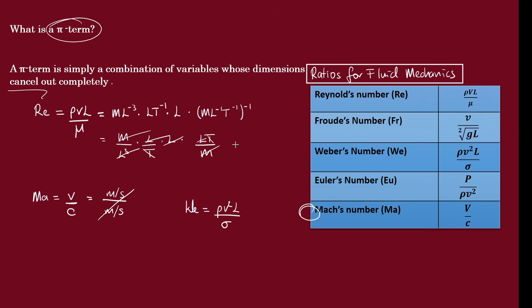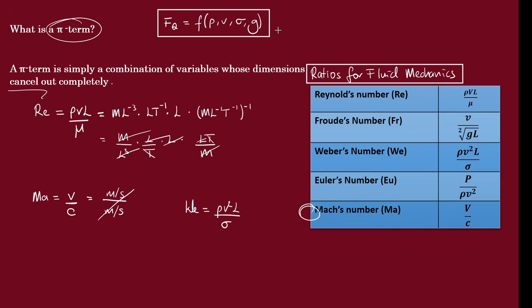So for instance, let's say we are dealing with an imaginary question. So let's say F of Q. I'm making this up, by the way, rho, V, sigma, and acceleration due to gravity. So let's say this is an imaginary problem we are working with.